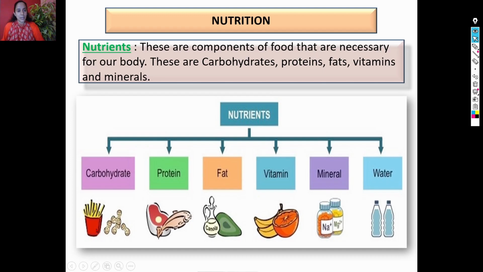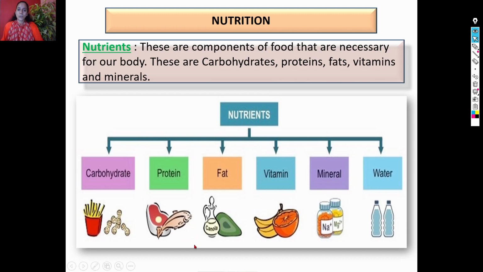And we have to take these nutrients in a proper ratio, which is called a balanced diet, for proper growth and development as far as human beings are concerned. So this is about nutrients, and this term is closely related to nutrition.